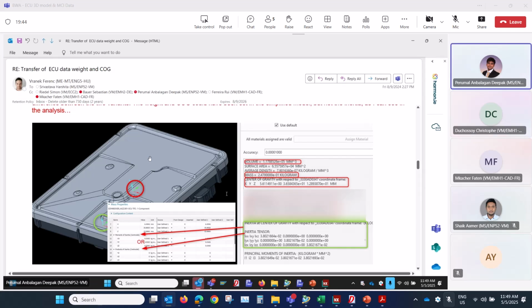But I also totally agree with the point, because what we share should be accurate enough for the OEMs, at least after all these years, 6 or 7 years, acceptable for us for sure, but with enough detail to be usable, because in the past we could deliver only the mass of the component and the center of mass. It's enough the majority of the time, but now we see that we need more and more detail.